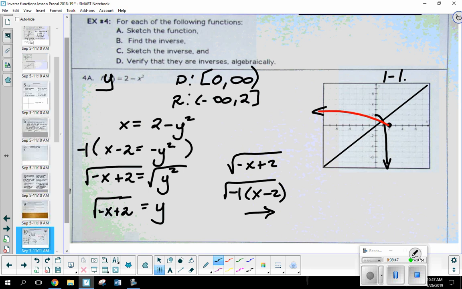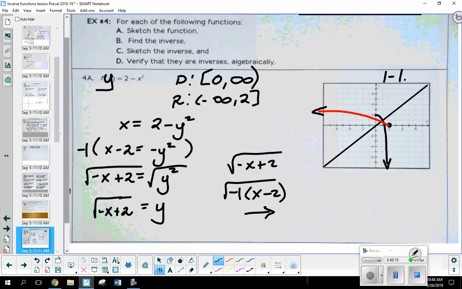Okay. All right. So here, what do you think? Based on what we see, do I leave it positive or do I make the radical negative? Well, you got a 50-50 shot. So, okay, negative, leave it positive. Sorry.